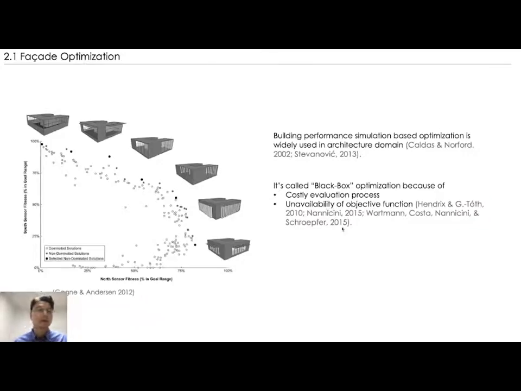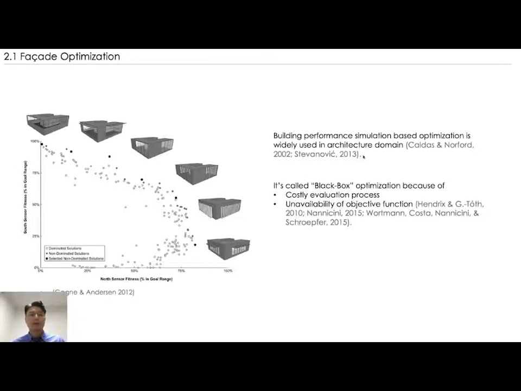This is interesting. Then we come to the point where the facade optimization happens. So it's a very broad topic. People have been using optimization methods coupled with AI to come up with the best solutions.